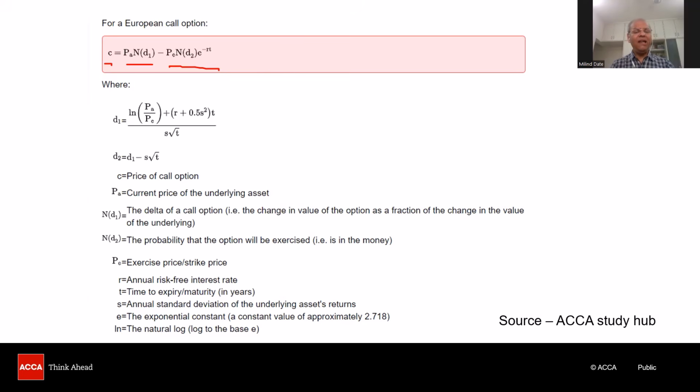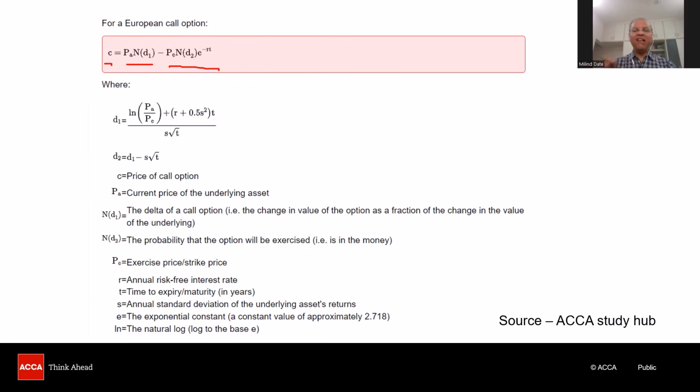Now, N(d1) is called the delta of the option. Delta refers to change in the value of the option in response to change in the price of underlying. Both are, of course, related to each other. And N(d2) is the probability that the option will be exercised by the buyer of the option, because only the buyer has a right to exercise.